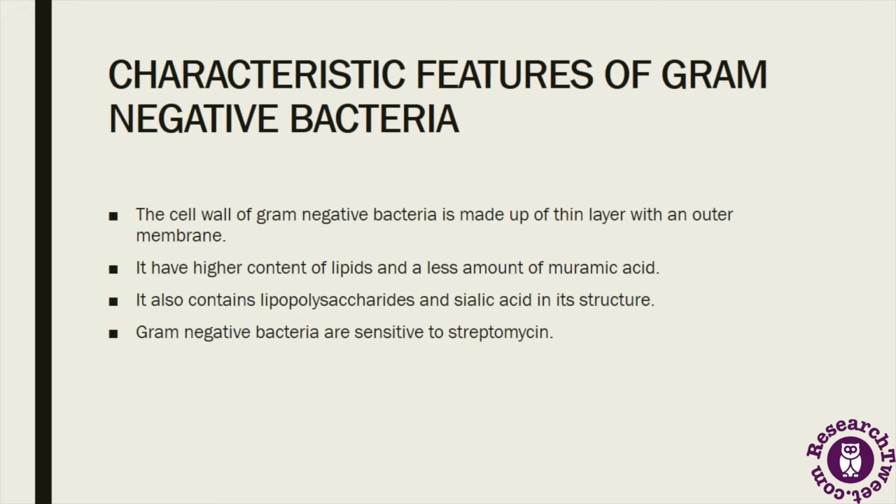But gram-positive bacteria have a thick layer of peptidoglycan and do not have any outer membrane. Gram-negative bacteria contain a higher content of lipids in their structure and a very small amount of muramic acid, also called peptidoglycan. They also contain some lipopolysaccharides and sialic acid in their structure.